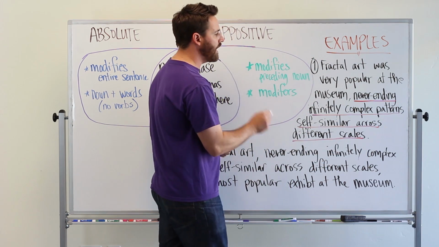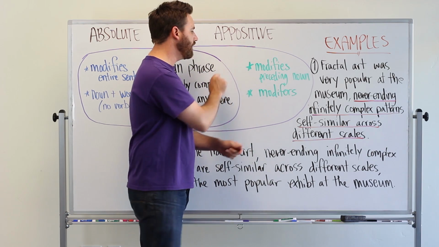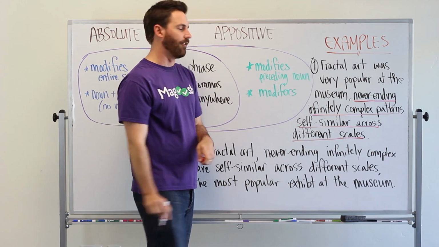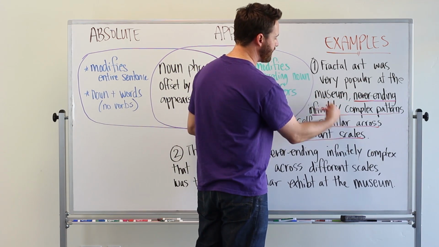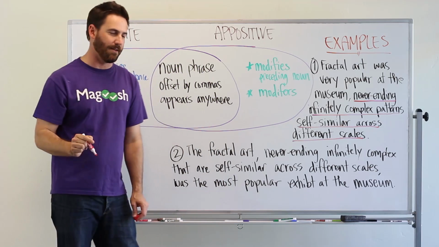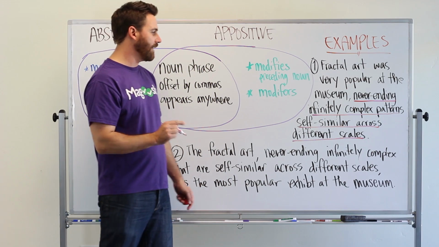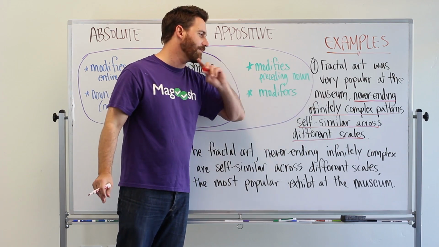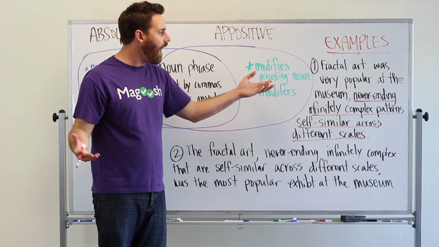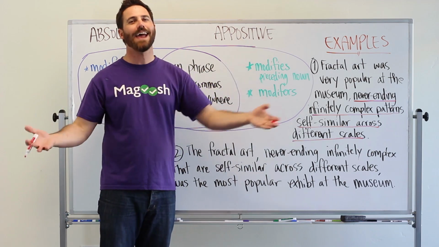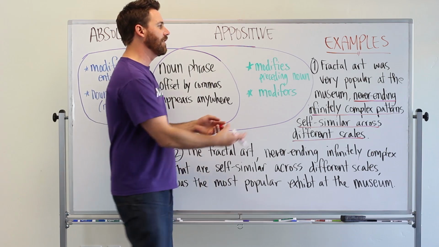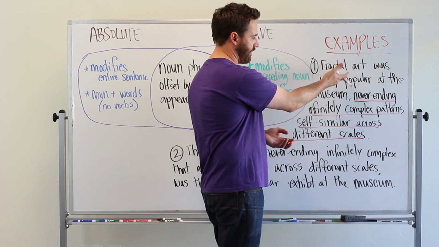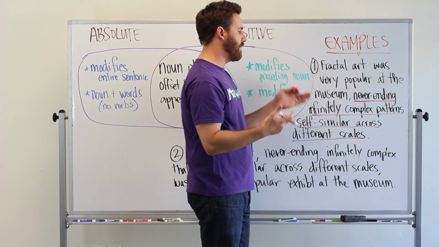Remember, an appositive is describing a preceding noun. If we look here, this phrase is not telling us about the museum. It's telling us about why fractal art was very popular at the museum.